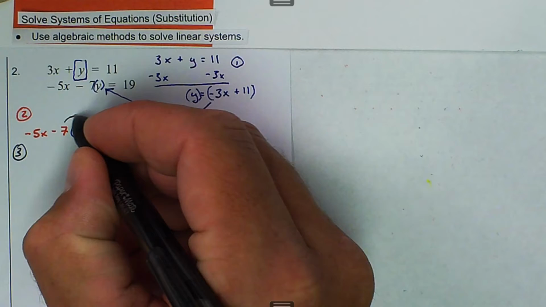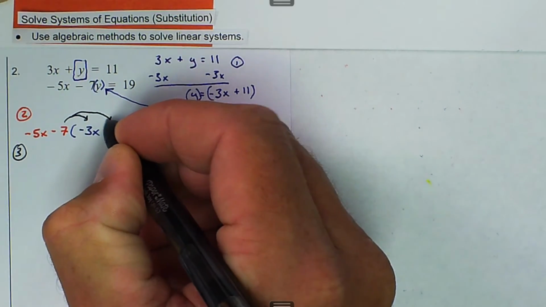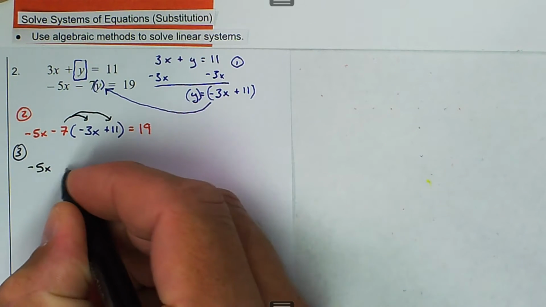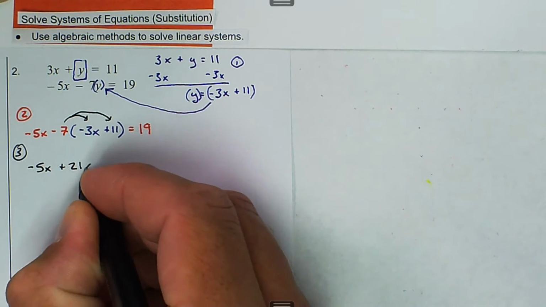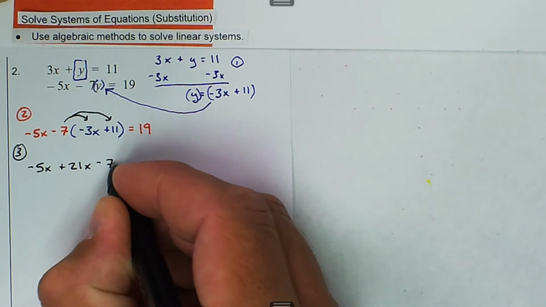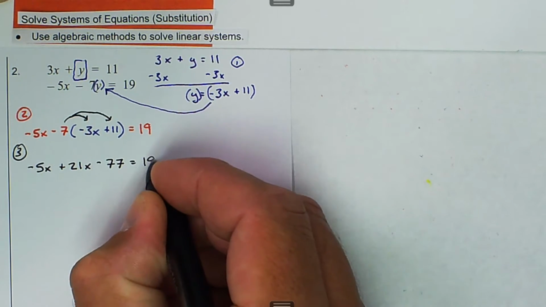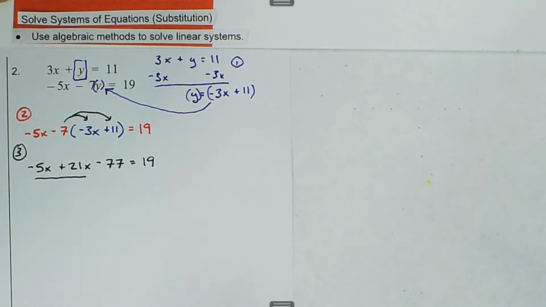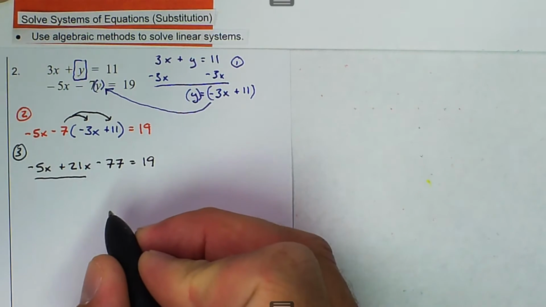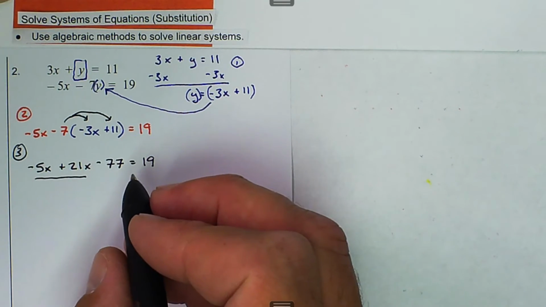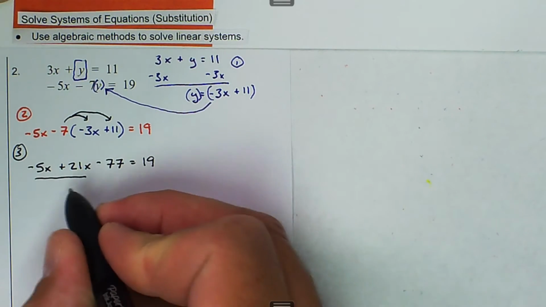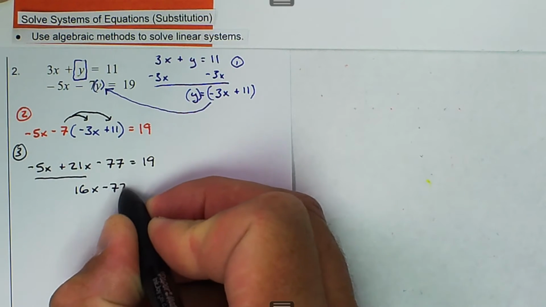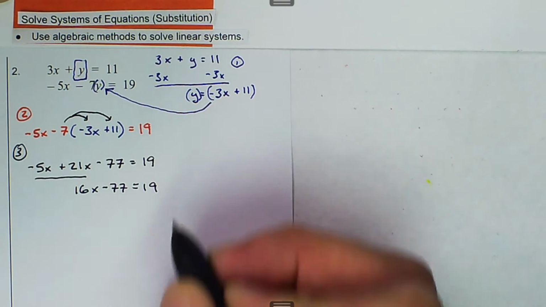So the first thing, we can distribute the -7 into the parentheses there. So we're at -5x plus 21x minus 77 equals 19. And then we have like terms that we have here. So we can write that down as 16x minus 77 equals 19.